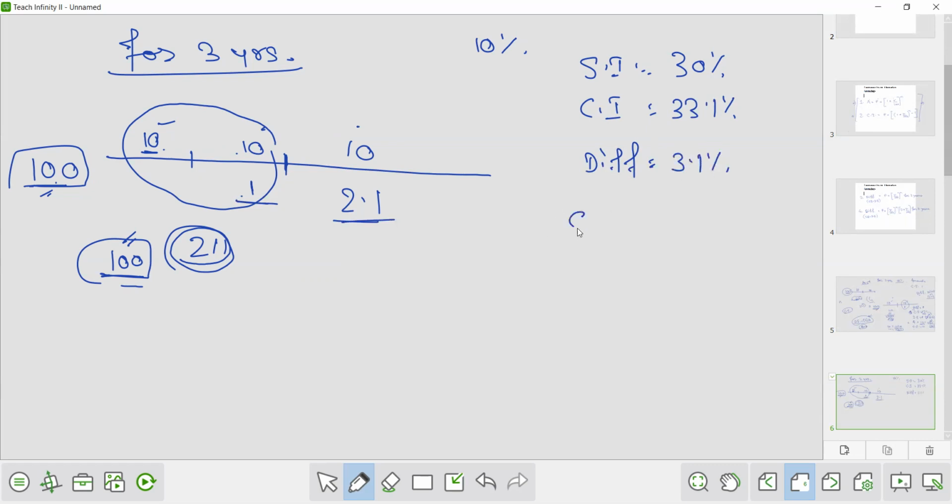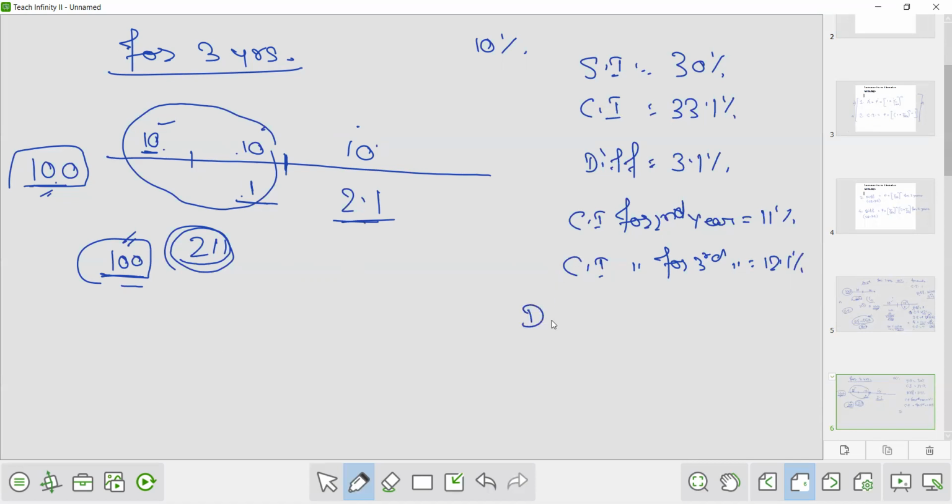Now what is the compound interest for second year? For second year it is 11%. What is the compound interest for third year? For third year, so it is 10 plus 2.1, that is 12.1%.